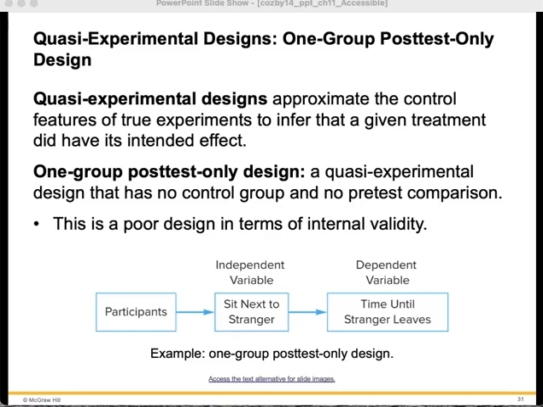You might see this type of design used as evidence for the effectiveness of a program. Employees in a company might participate in a 4-hour information session on emergency procedures, and then at the end of the program they complete a knowledge test, and their average score is 90%.